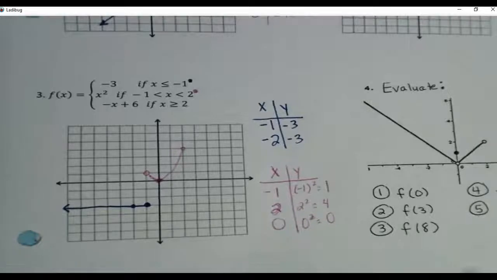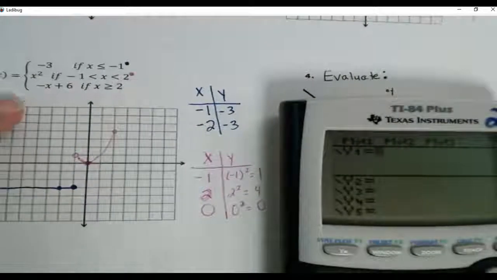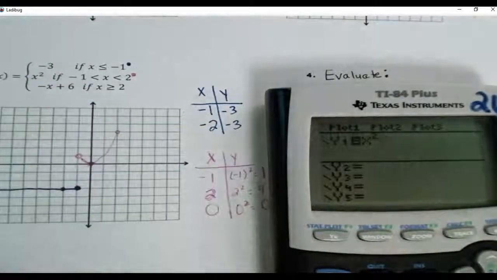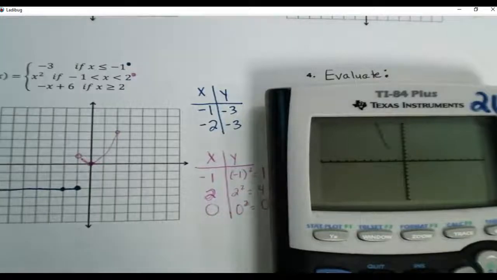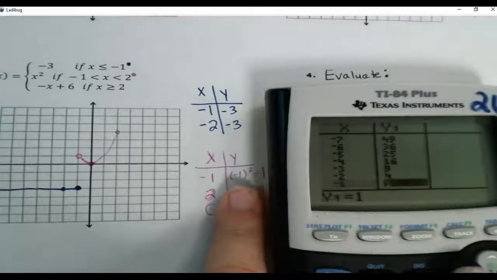So I knew that the vertex was going to be at 0, 0, but maybe you didn't know that. So what you can do is go in your calculator and graph it. So in this one, it's just x squared. And so there it is. Well, we don't want the whole thing. We just want from -1 to 2. So if we go to our table and we look at -1, well, there's our point, -1, 1.